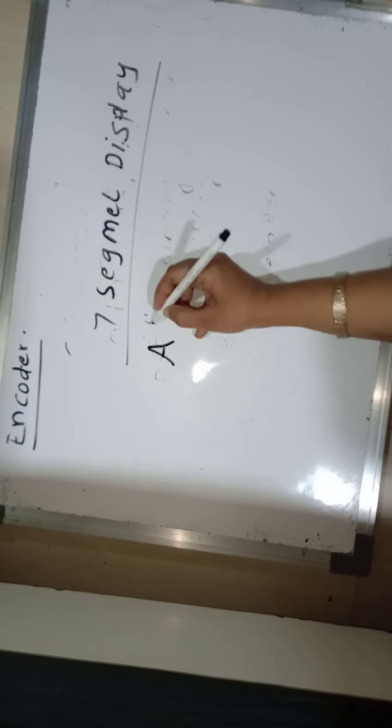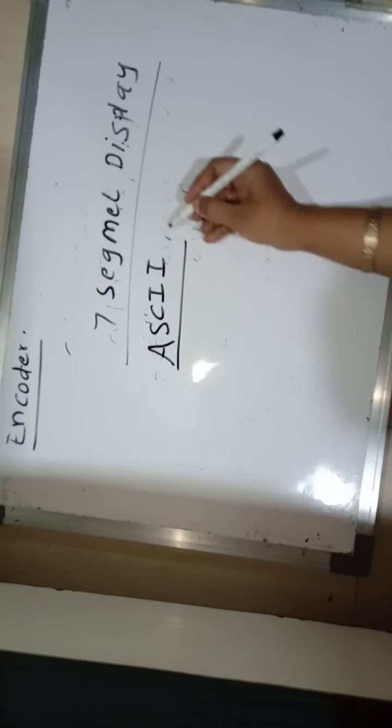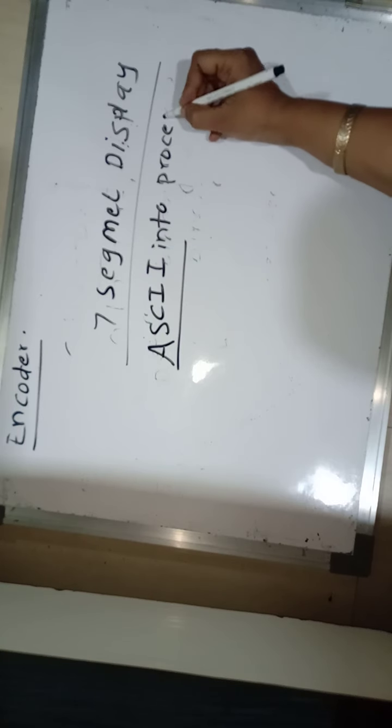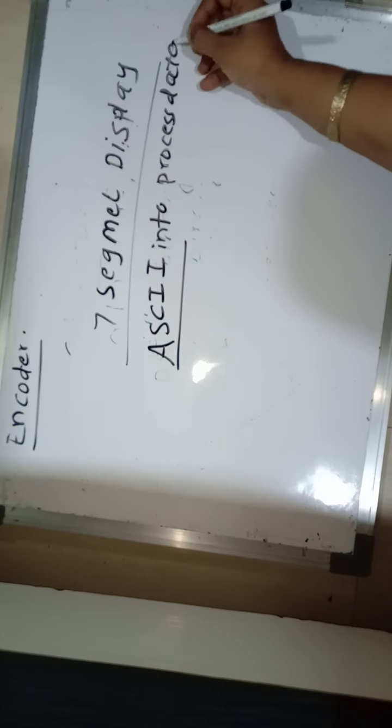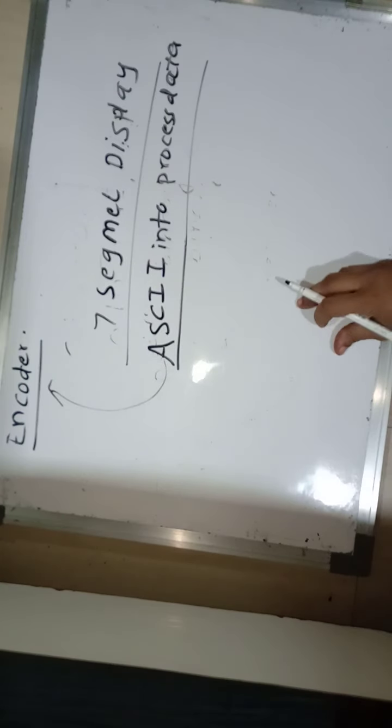Now in the case of the computer also, we are using the keyboard. The keyboard is used to give input data to the computer. The keys present on the keyboard use the ASCII code. To convert the ASCII code into processed data, we are using one circuit, and that circuit is nothing but the encoder.